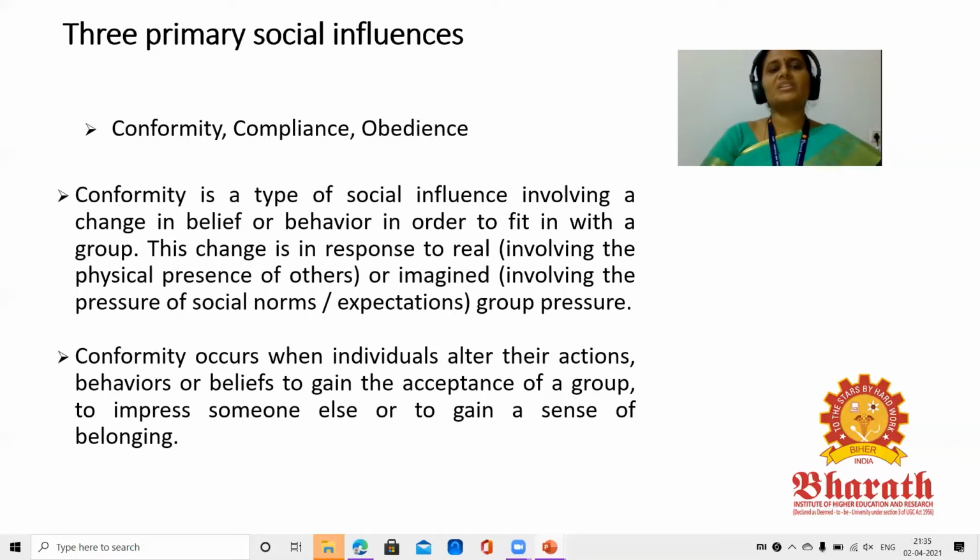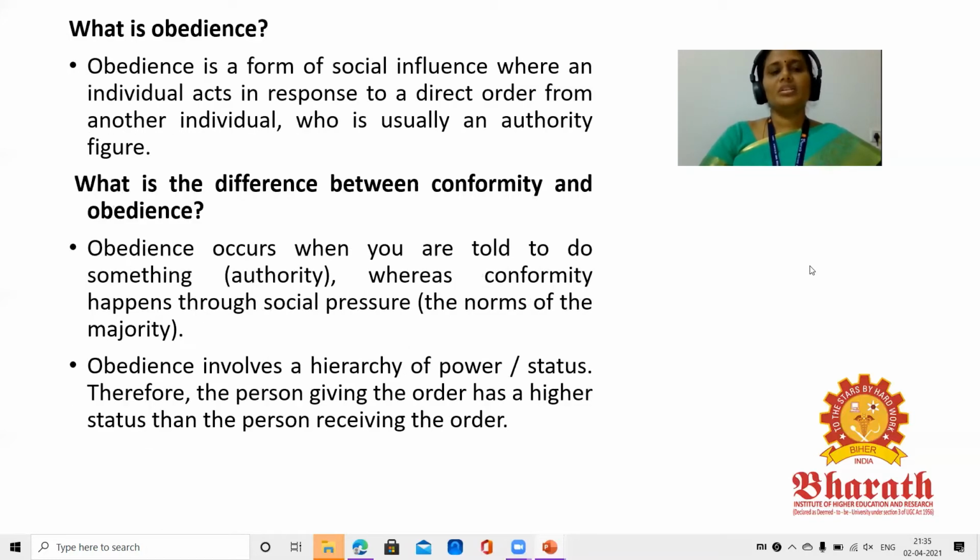Through their influence, you are trying to behave in a certain way. And obedience involves an authoritative figure. If you are working in an organization, your higher authority, a manager or a CEO, will influence you to behave in a certain way. Whatever orders they give, you definitely obey for the sake of your job.